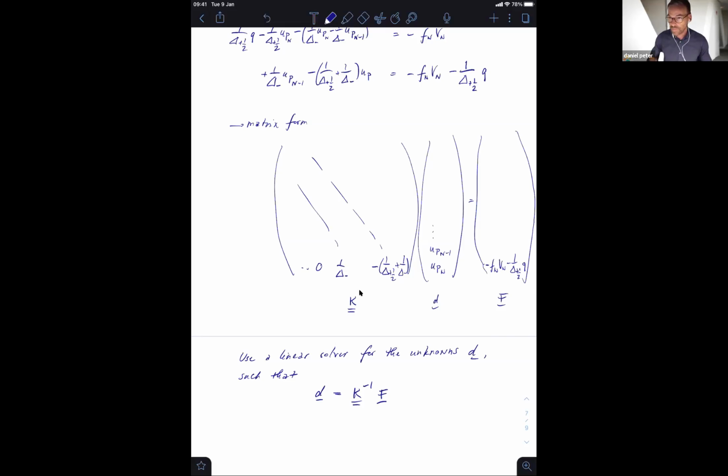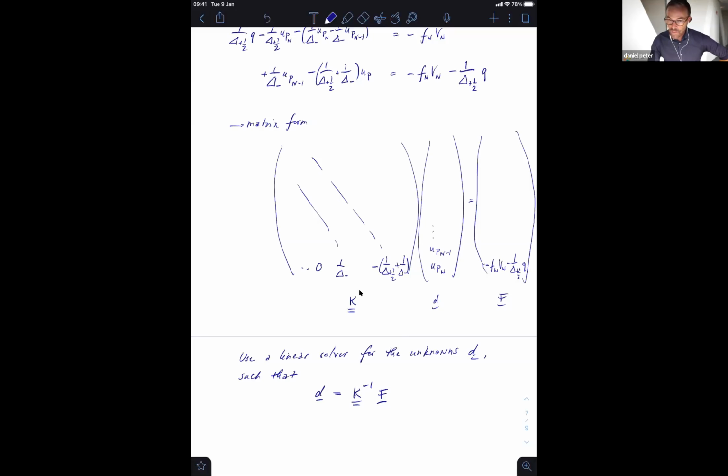Good. So that we already know from the finite element approach. You have questions for that part? Is it clear how we would construct these matrices?